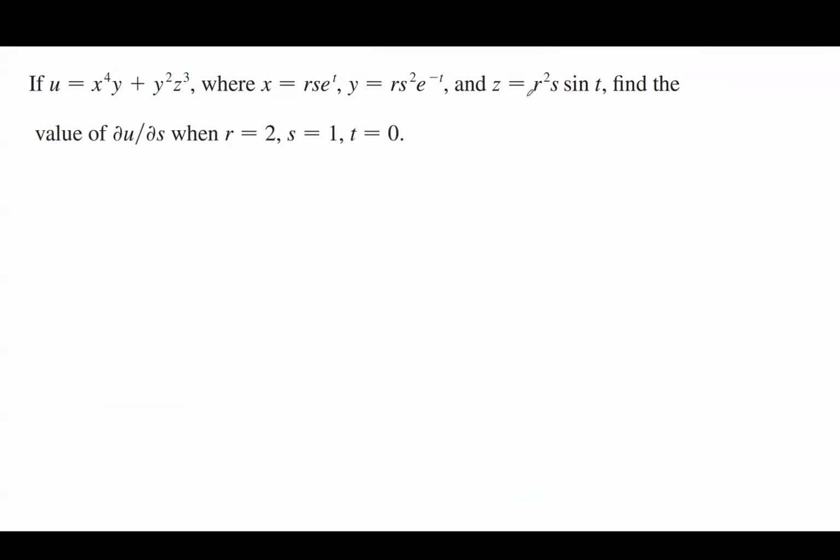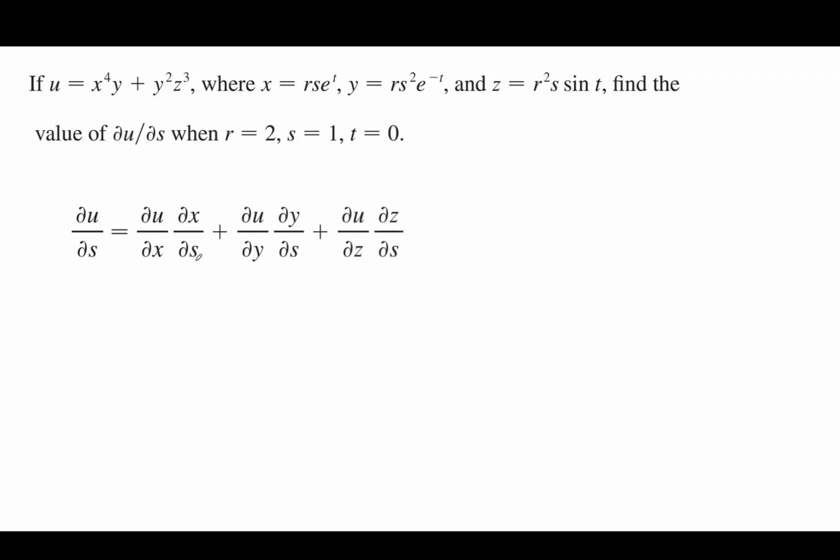Let us begin, everybody. We're applying the chain rule. The partial derivative of u with respect to s is the partial derivative of u with respect to x times the partial derivative of x with respect to s, plus the partial derivative of u with respect to y times the partial derivative of y with respect to s, plus the partial derivative of u with respect to z times the partial derivative of z with respect to s.